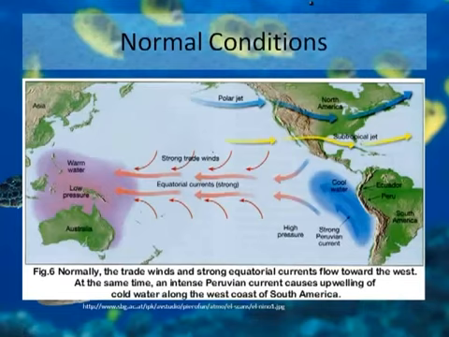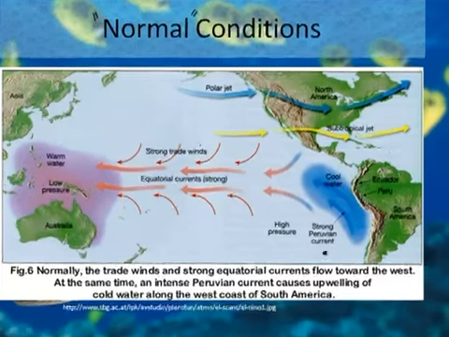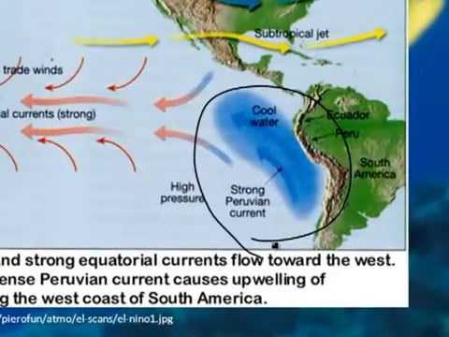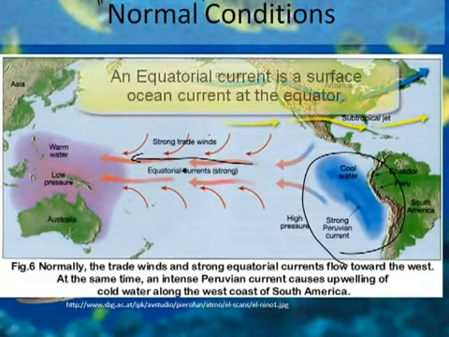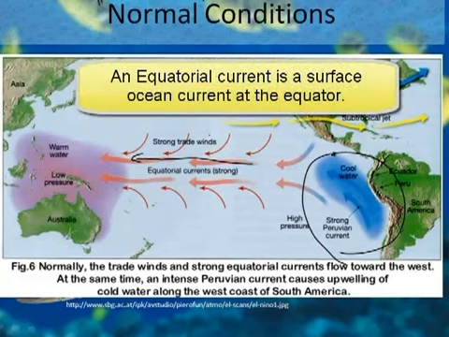So that's just what's normally happening. The normal conditions are such. Basically, normally what you've got is cold water off the coast of Peru over here. All right, and you've got these strong equatorial currents, meaning currents at the equator, that are traveling from the east to the west.